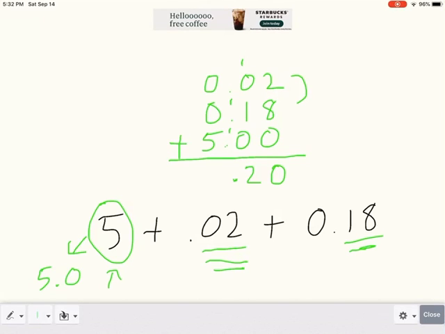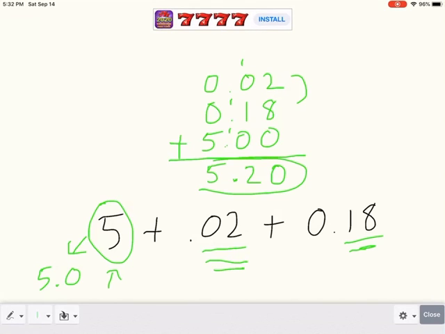Now 0 plus 0 is 0. 0 plus 5 is 5. So this, ladies and gents, is our answer to this decimal problem. 5 plus 0.02 plus 0.18 is 5.20. All right, let's do a couple more.